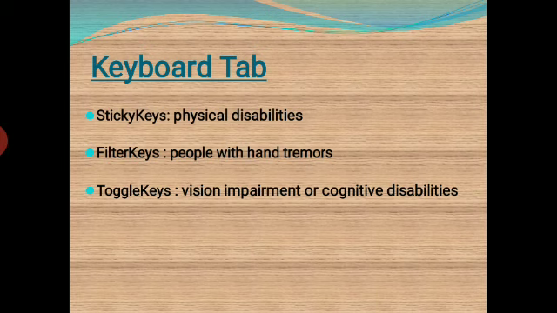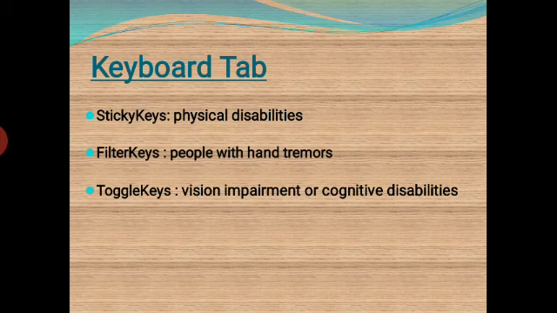So first we will learn keyboard tab. In keyboard tab, the most popularly used accessibility options are sticky key, another one is filter key and the toggle key.